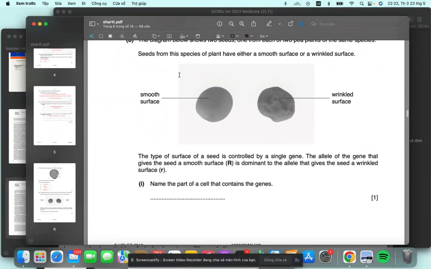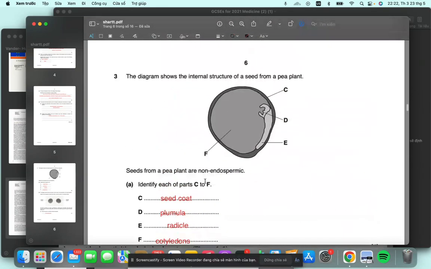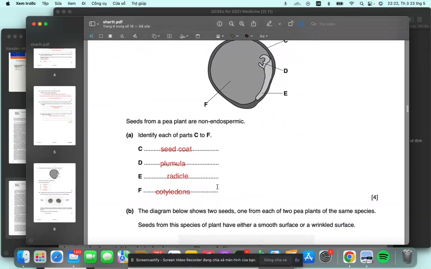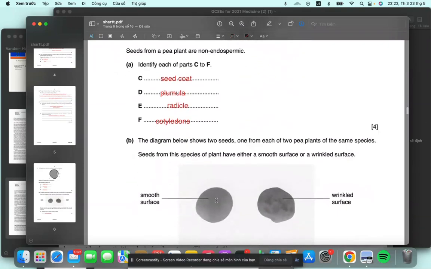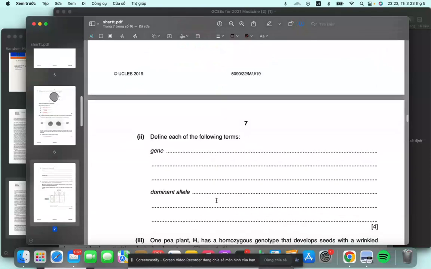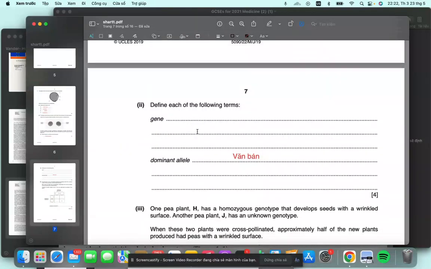Name the part of the cell that contains the genes: the chromosomes. Define each of the following terms: gene, protein coded, expressive, allele.